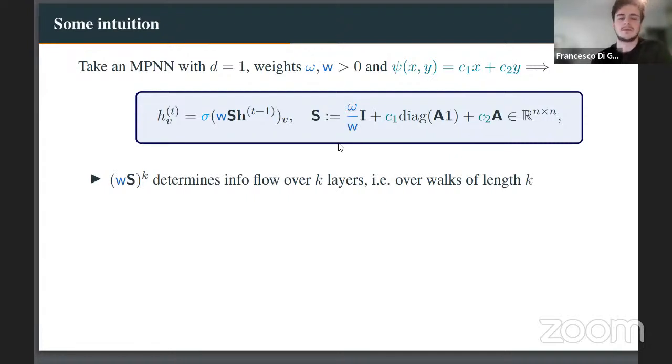Okay, now because up to this sigma, basically the layer works by operating with such a matrix w times s on the previous features, you can convince yourself that the power k of ws is the matrix that controls how information is flowing over k layers. Or equivalently, the matrix ws to the power k is controlling how information is flowing over walks of length k in the graph.